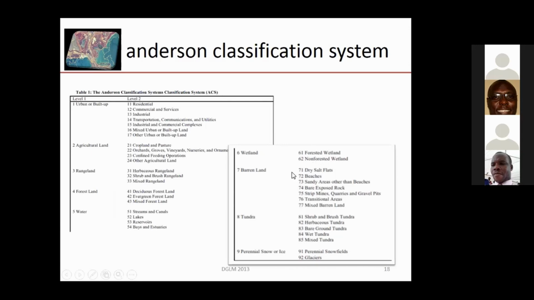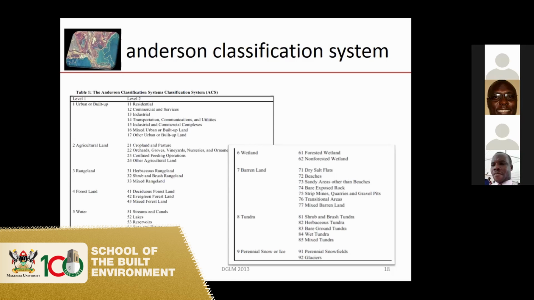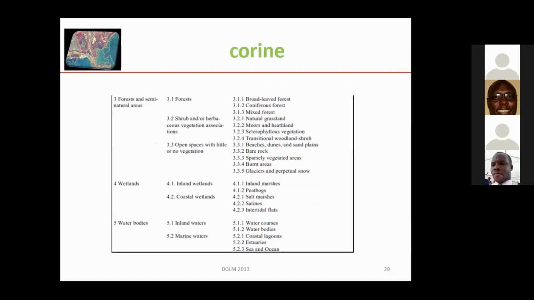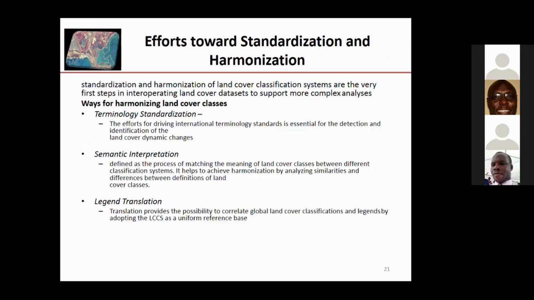And then I've told you, for example, in our National Biomass Study, wetlands can be classified as permanent or seasonal, and different wetland classes are defined using the land cover classes. For example, they'll tell you there is a forested wetland, a grassland, bare. So that's how they define them. You realize that the information classes can be defined differently according to different land cover classification systems. Now, that has implications for us.